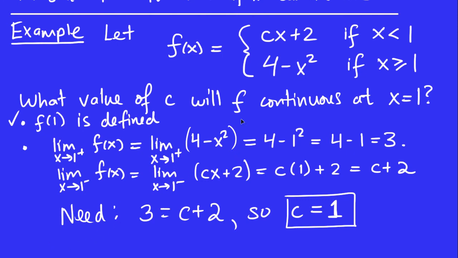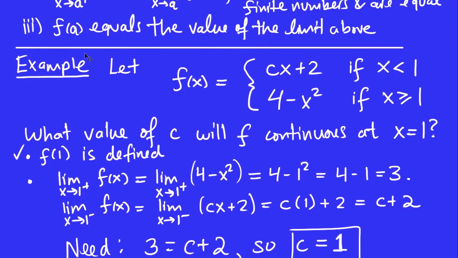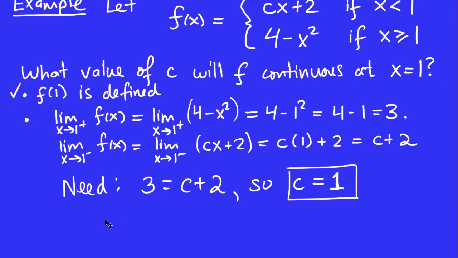I guess to be perfectly precise, we should check that f of 1 is equal to the value of the limits up here. Well, notice when c is 1, this is 3, right? So these are both 3. So the last thing to check is, is f of 1 really equal to 3? Let's do that.